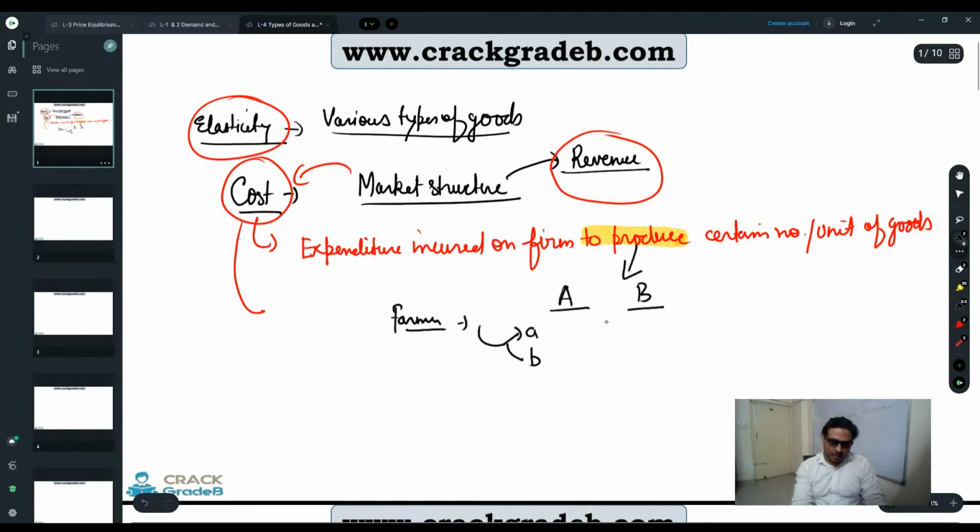Sometimes students have this issue: should I prepare for civil services, or first focus on exams like SEBI Grade A or RBI Grade B?